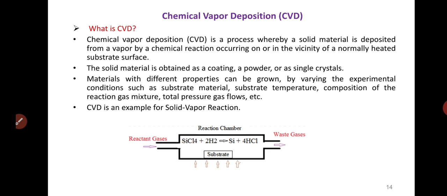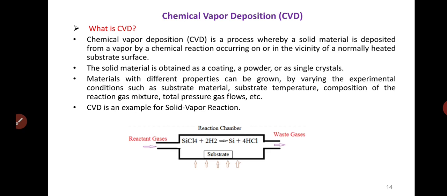The solid material is obtained as a coating, a powder, or a single crystal. The advantages of low temperature and high purity epitaxial growth can be obtained by crystallization from the vapor phase. Crystalline layers can be grown onto a seed or substrate from a chemical vapor of the semiconductor material or from mixtures of chemical vapors containing the semiconductor.